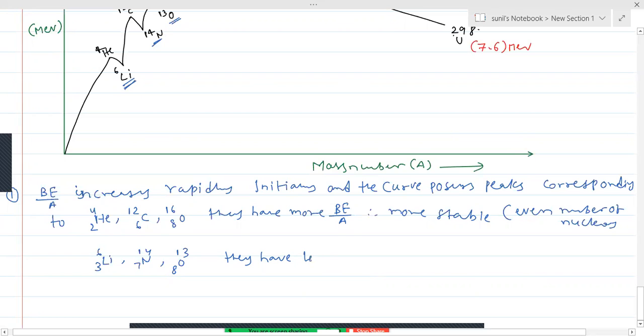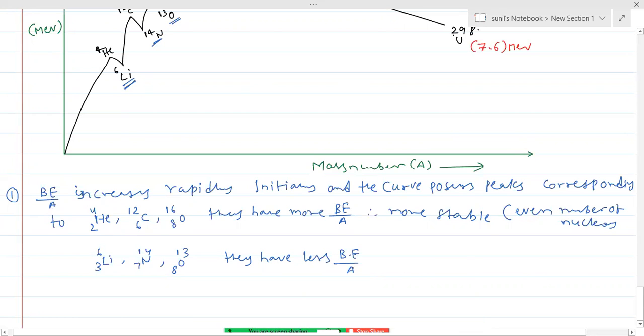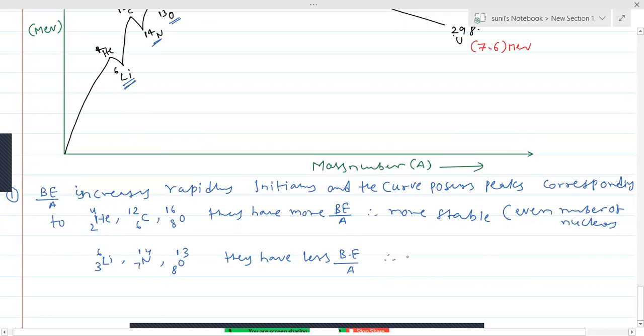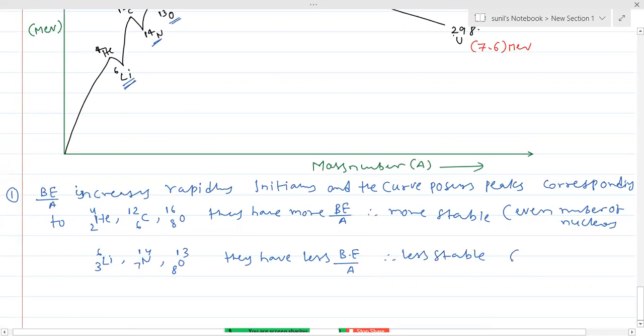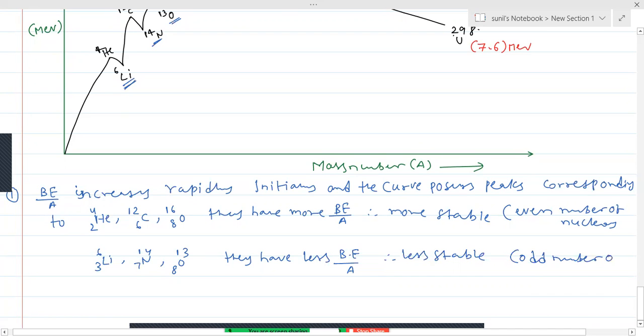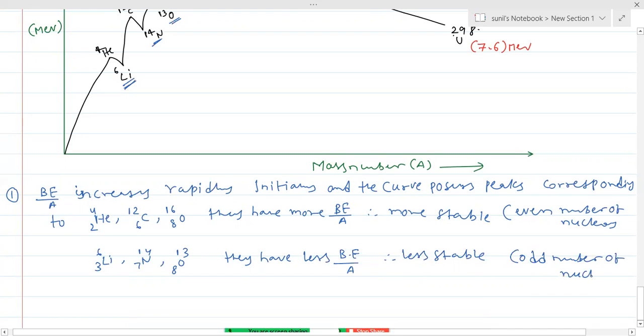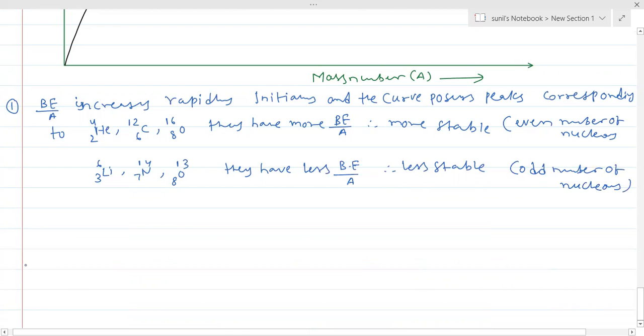So they have less binding energy per nucleon. This is a comparison between only those elements we are taking. So they are less stable because they have an odd number of nucleons. So this is also one important point.